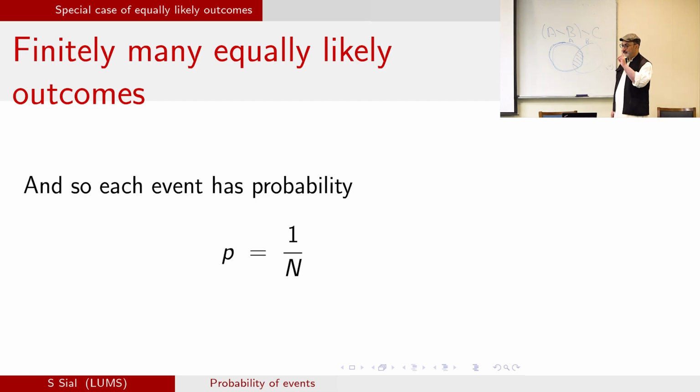There are 2 possible outcomes. That means that the probability of either H or T is 1/2. I have a fair 6-sided die. There are 6 outcomes. They're equally likely. So the probability of each outcome is 1 over 6. If you have n possible outcomes, they're all equally likely, the probability is 1 over n.